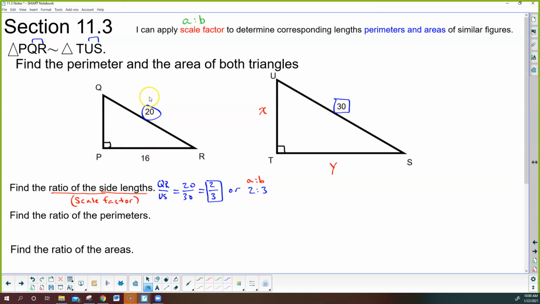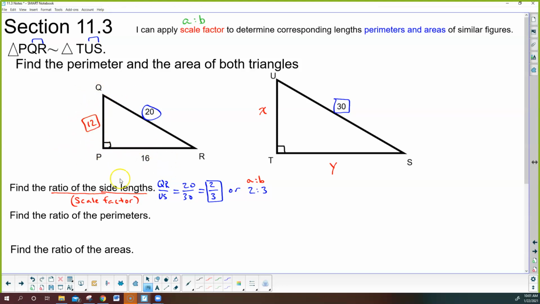So if you recognize it, we've got 5 times 4 gave me 20, 4 times 4 gave me 16. So this would have to be a 3, 4, 5, but it's a multiple of 4. So I know for sure that this side length is 12. If you didn't see that, then you would have to do Pythagorean theorem. Okay, and Pythagorean theorem will also get you this side to be 12.